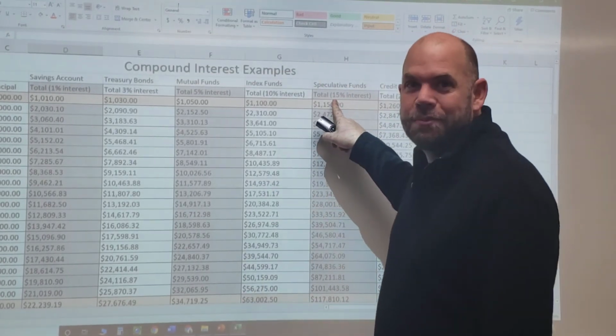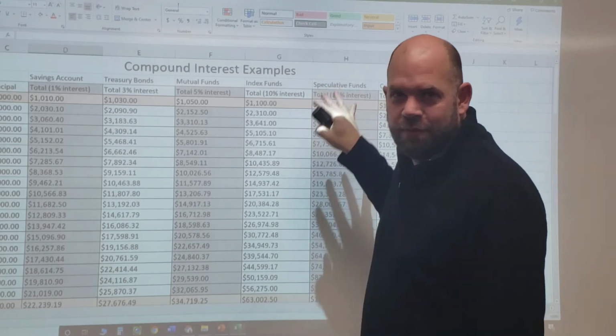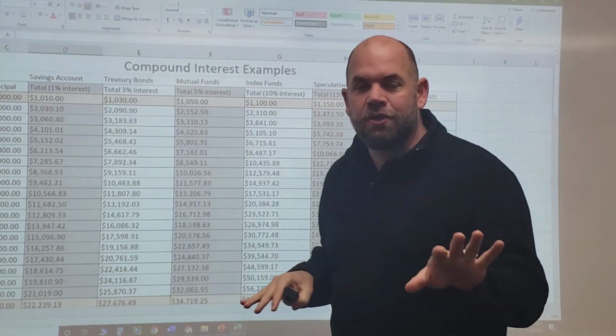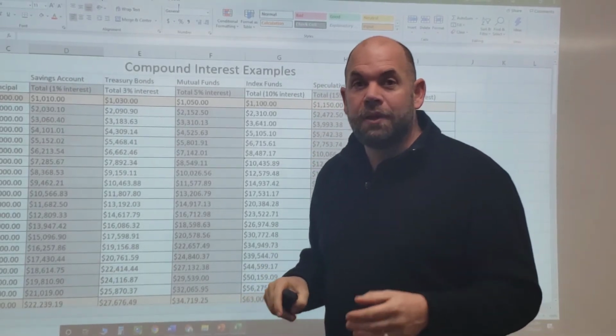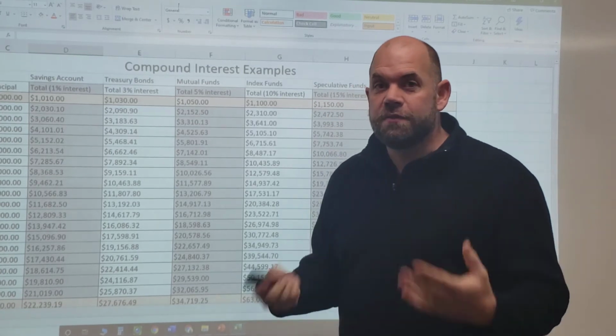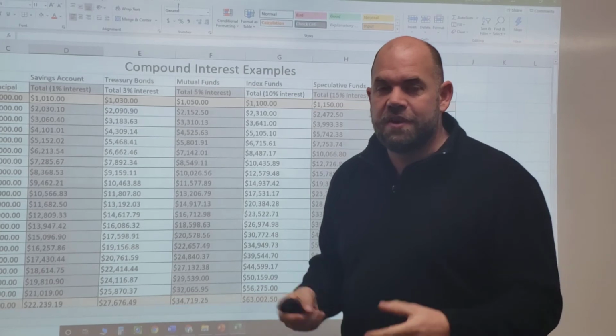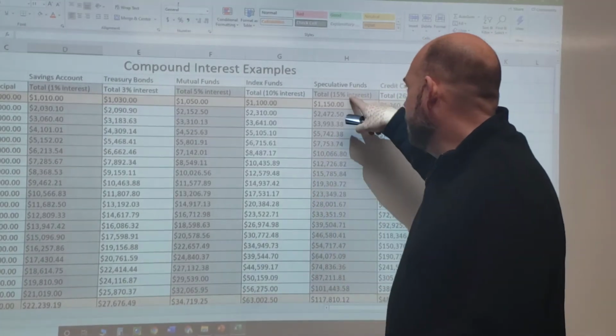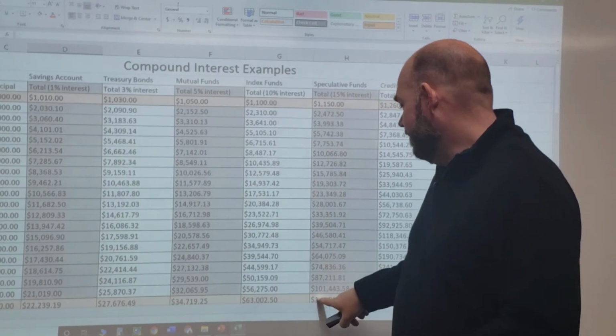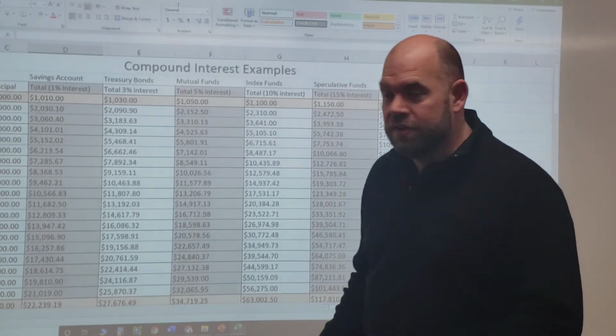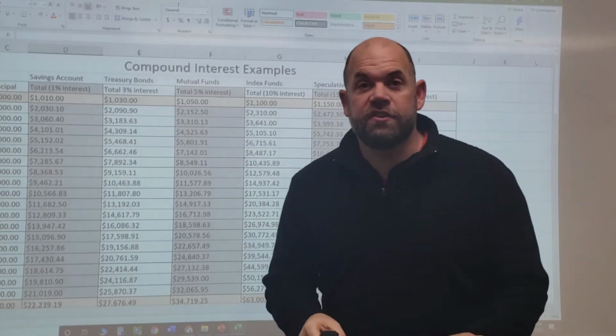Now, it's possible to make more, and I put this just for fun. You're not going to likely make more than 10%, but let's say you do speculative funds, you hit a few home runs in the stock market, or you invest in companies as a venture capitalist, and you're getting 15%, that's going to be $117,000.